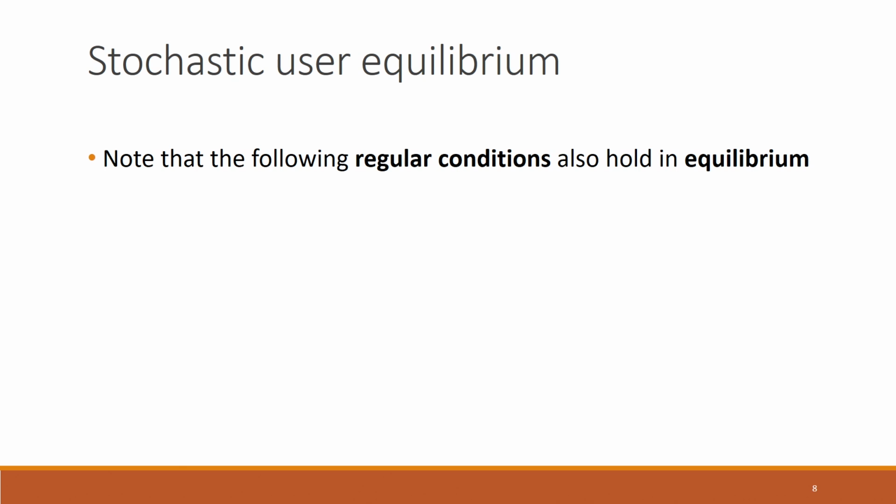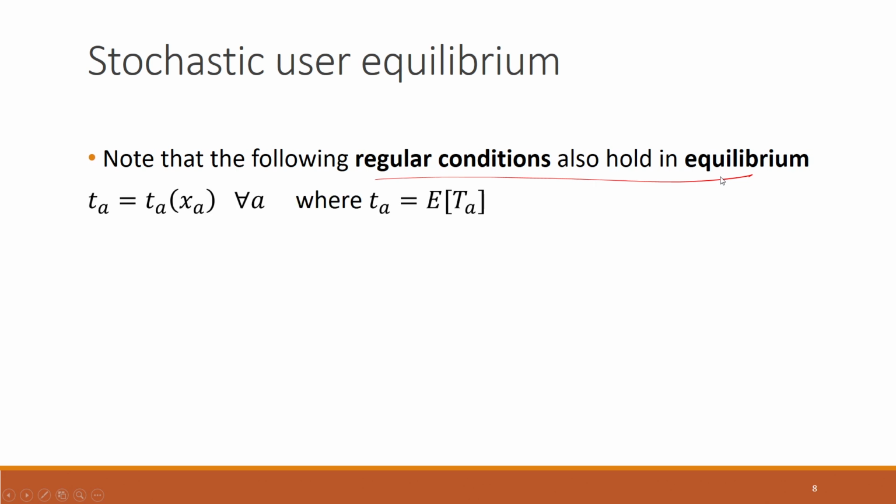Note that the following regular conditions also hold in equilibrium. This is the first condition, that the expected perceived travel time of link A will be equal to the travel time that arises by putting the flow values on link A. This is what we have seen before.